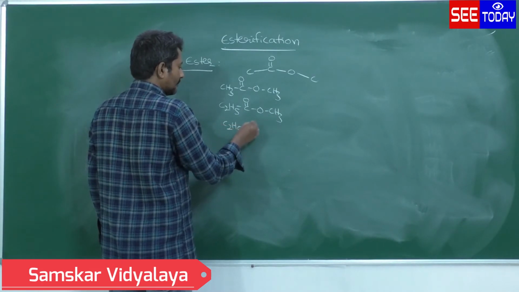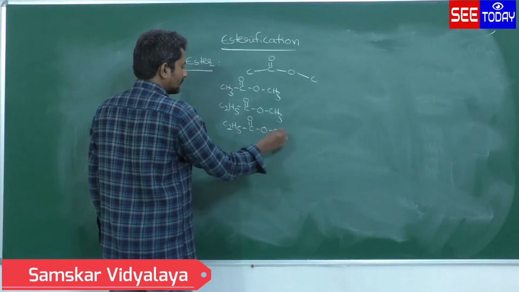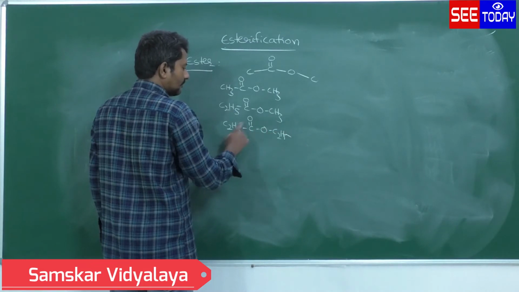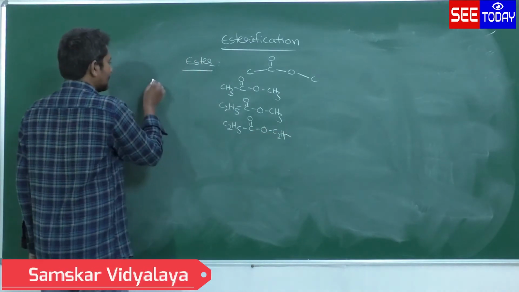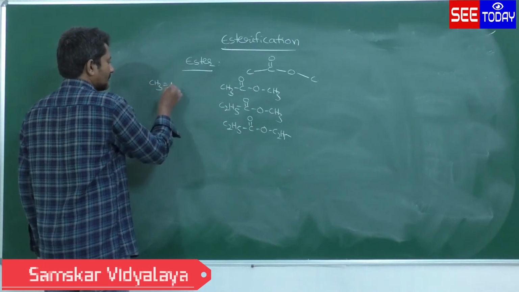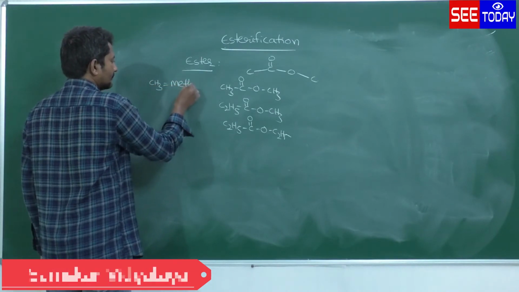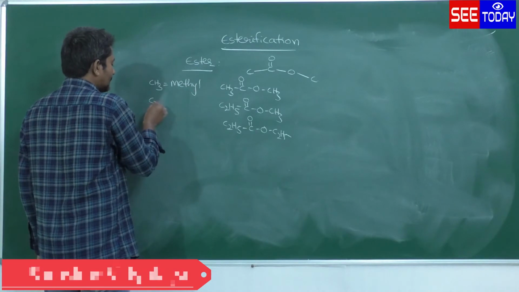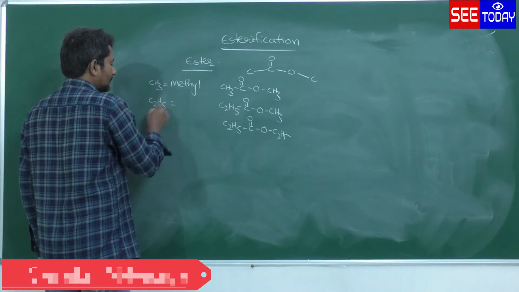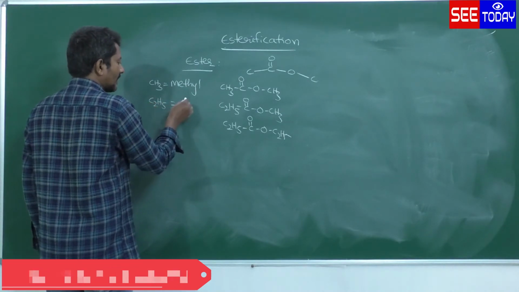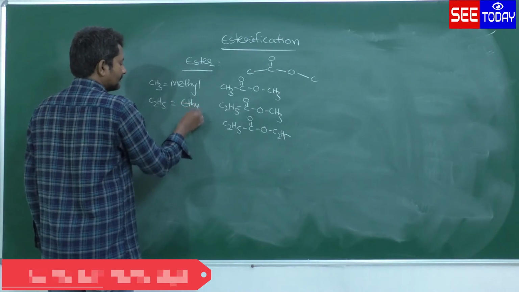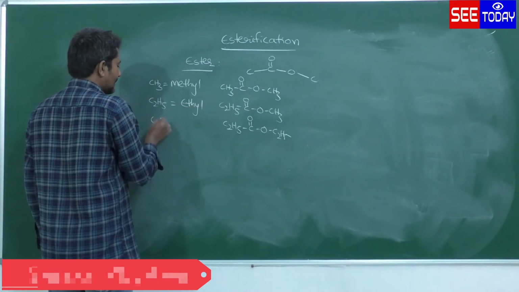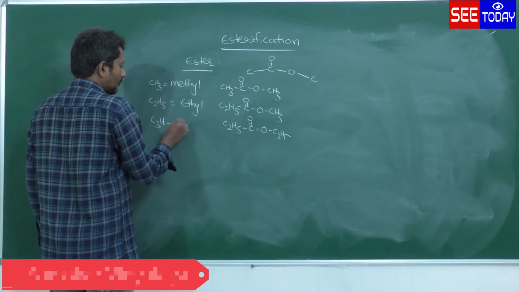C2H5, C double bond O, C2H5: left side ethyl group, right side ethyl group. The CH3 group is called methyl. The C2H5 alkyl group is known as ethyl. C3H7 is called propyl.